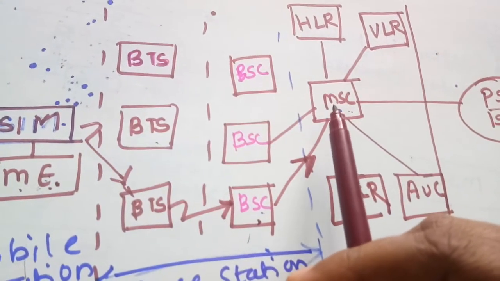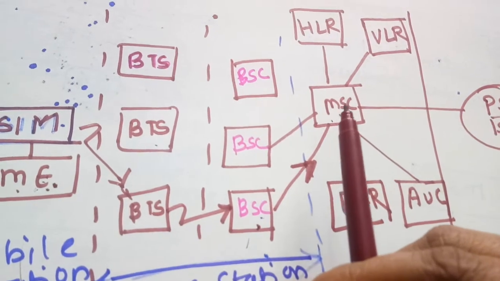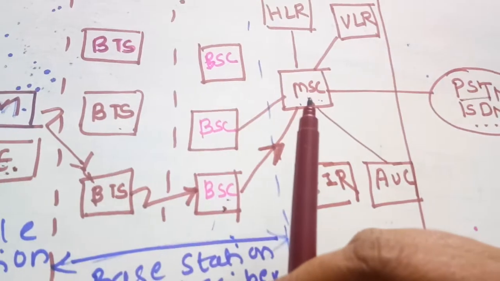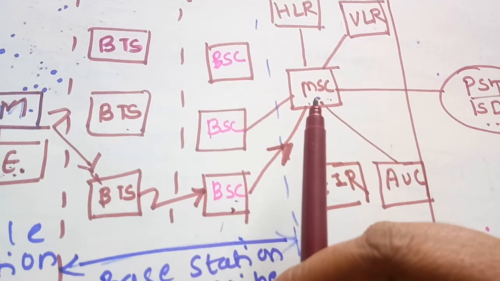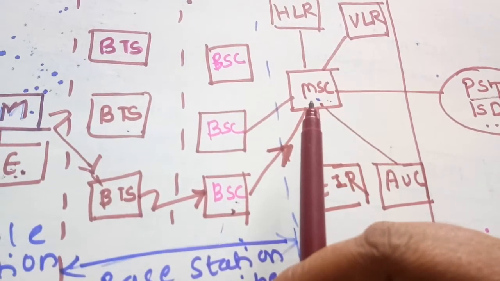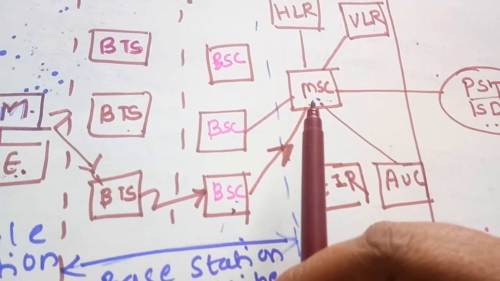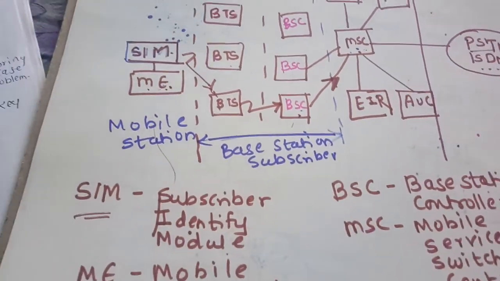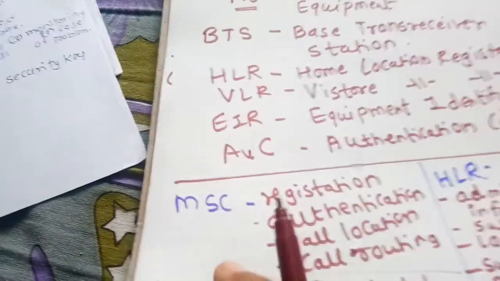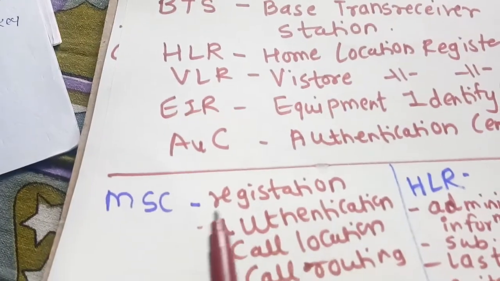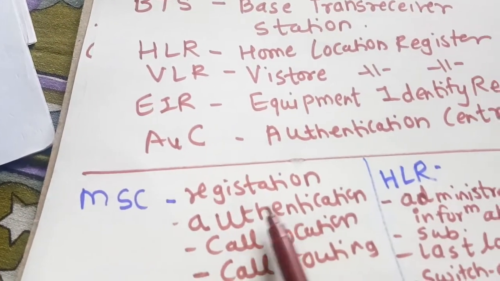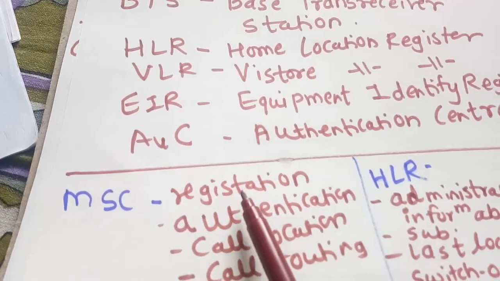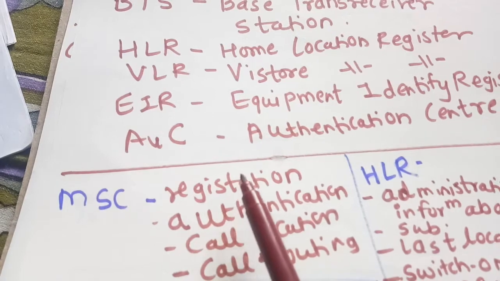MSC is the most important part of the GSM architecture. The MSC has many registers in it and is used for all the controlling purposes of this architecture. The long form of MSC is Mobile Switching Center. What is the role of the MSC? The MSC provides registration to the mobile user, so all mobiles are registered to the MSC.